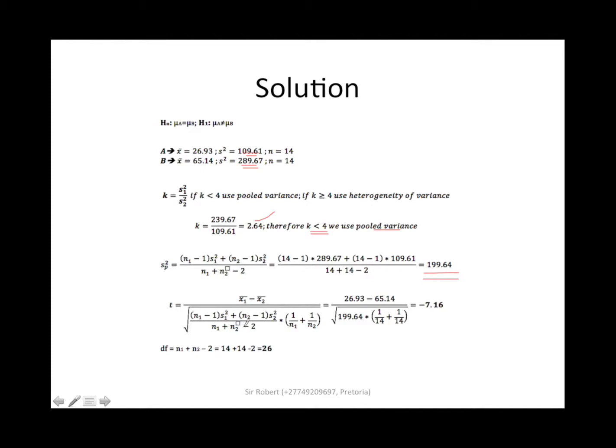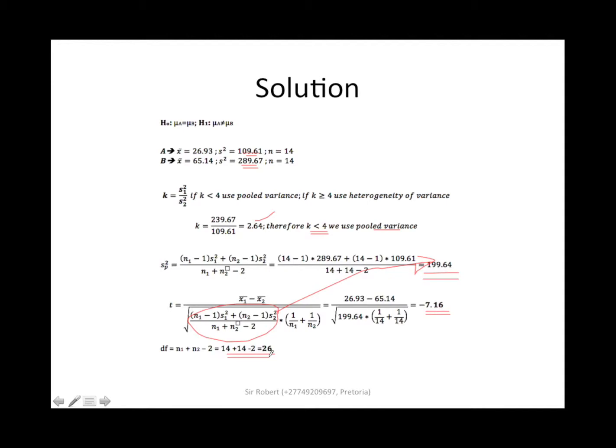You've already calculated this part of it. So SP, you've already covered it here. Once you do that, then you input your figures, then you're supposed to get your test statistic like this. Degrees of freedom is 14 plus 14 minus 2, then you get 26.